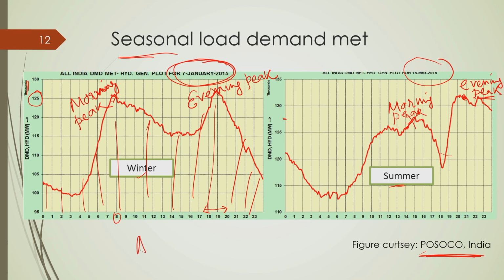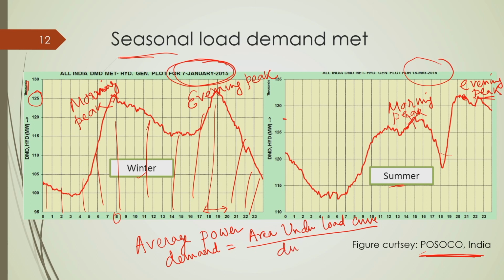So, average power demand is equal to the area under the load curve divided by duration. This average power demand is also another index, which I will talk about in a little while.